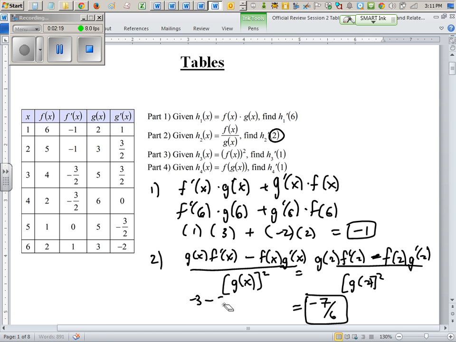You just write 15 halves. And then this is all over g of 2 squared, basically 9. And then usually I'll just multiply top and bottom by 2 for something like this. So you get 18 on the bottom, but up top you get negative 21. So that reduces to negative 7/6.